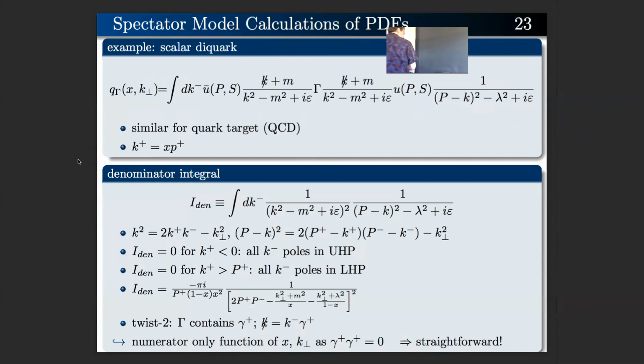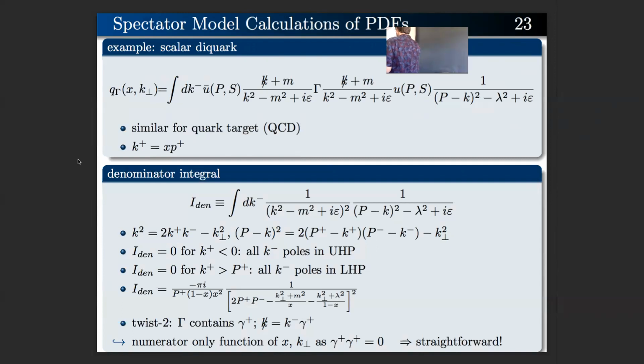So we have, I should have drawn a diagram. So what we're looking at is something like this. Here I'm inserting an operator. And to get the PDFs, you integrate over the Lightcone K minus first.